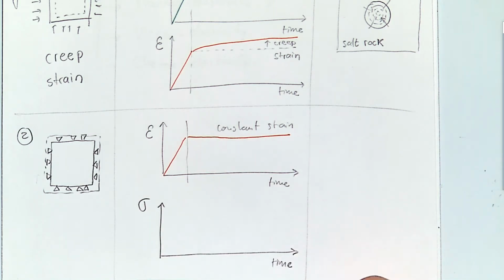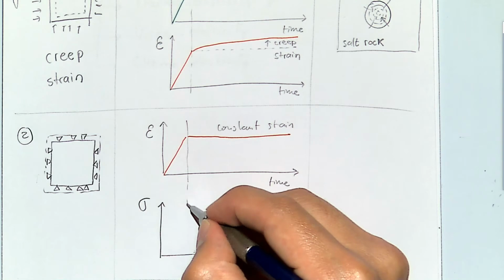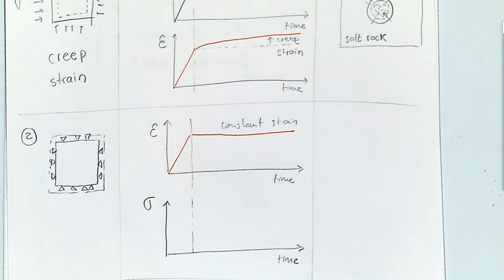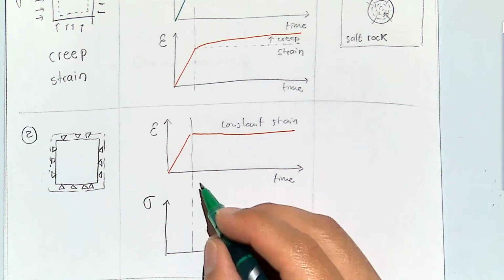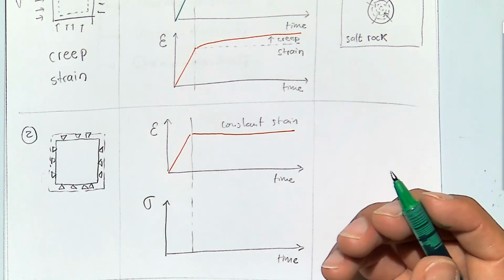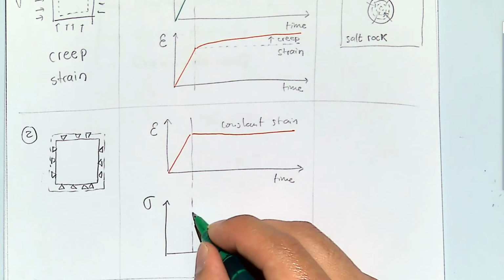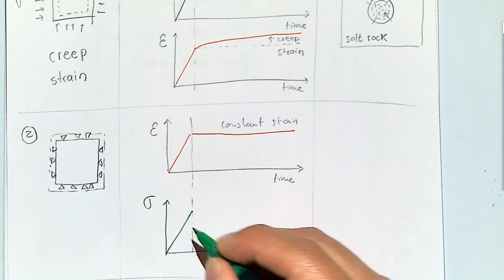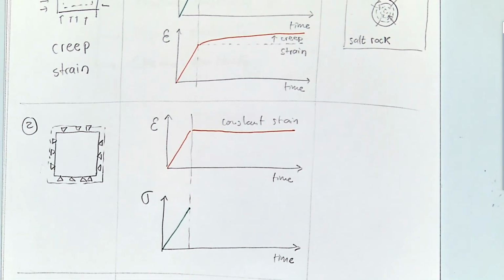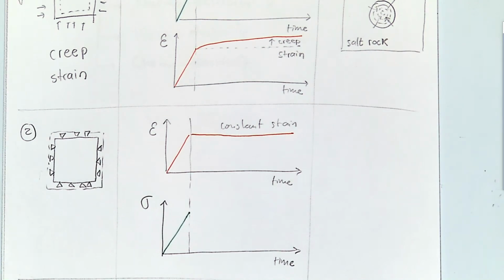What do you think will happen with stress? Well, clearly, when we change the strain, the rock is going to react, and stress is going to change too. But what's going to happen after? It's the same rock, which develops or exhibits a viscoelastic behavior.